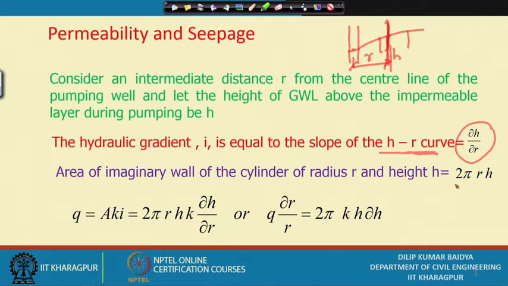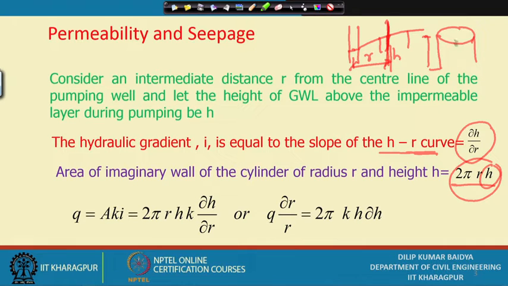That area is 2 pi r, the periphery, multiplied by h. This is the vertical cylindrical surface we are getting, something like this: this is h and this is 2 pi r.